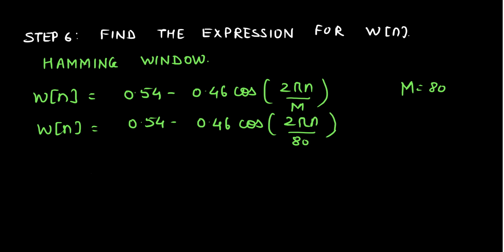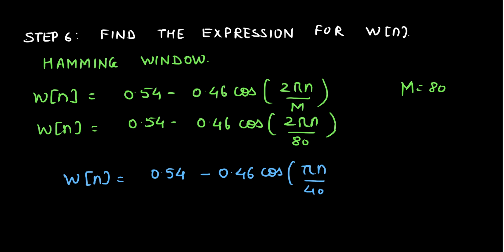Therefore, the expression of my window is w of n equal to 0.54 minus 0.46 cos of pi n upon 40. So this is the expression for the window.